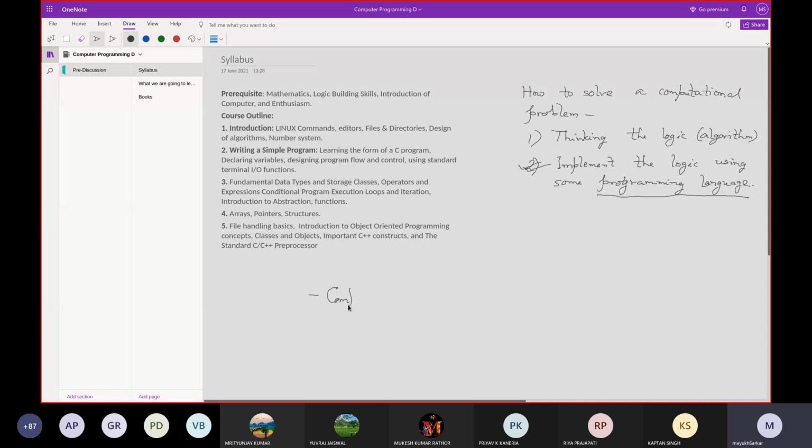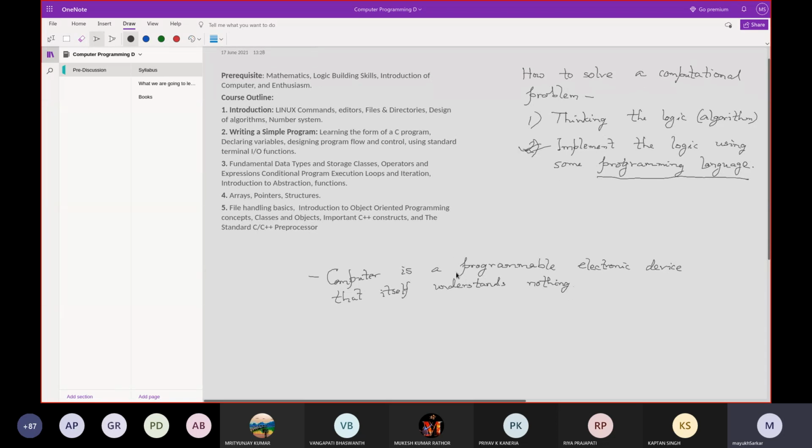A computer is a programmable electronic device that itself understands nothing. But as I've said, it is programmable.